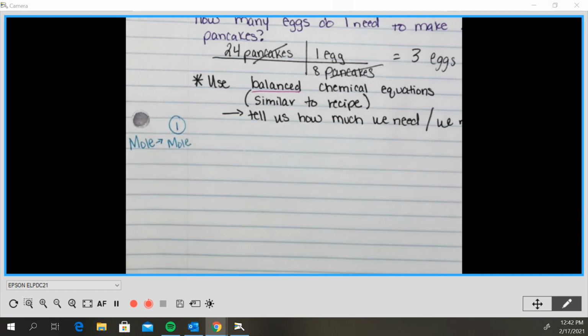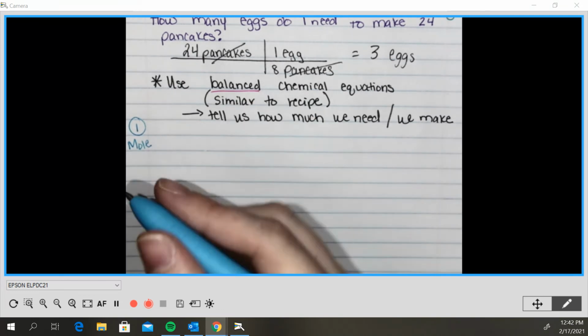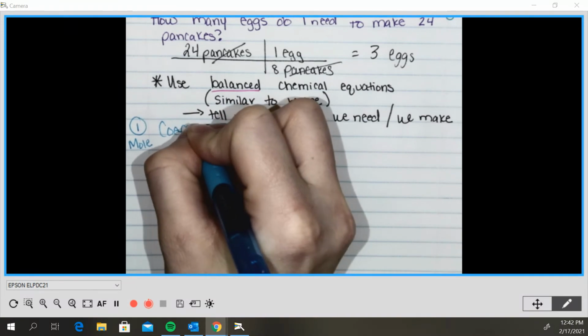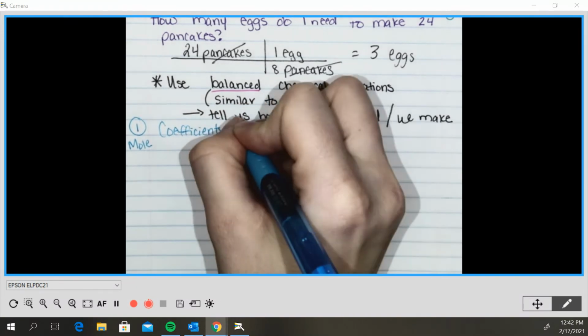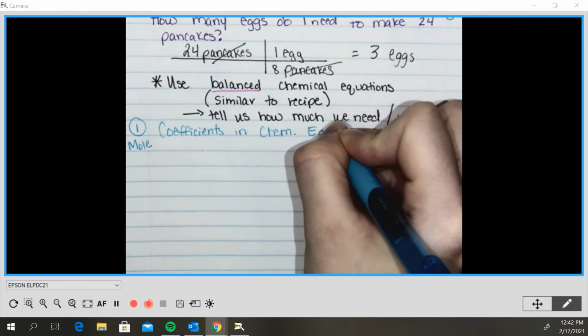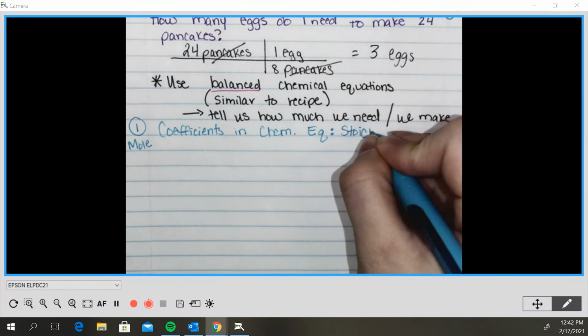So our first thing that we're going to look at is mole to mole. Specifically, we're going to be looking at the coefficients in our chemical equations. We call these coefficients stoichiometric factors.